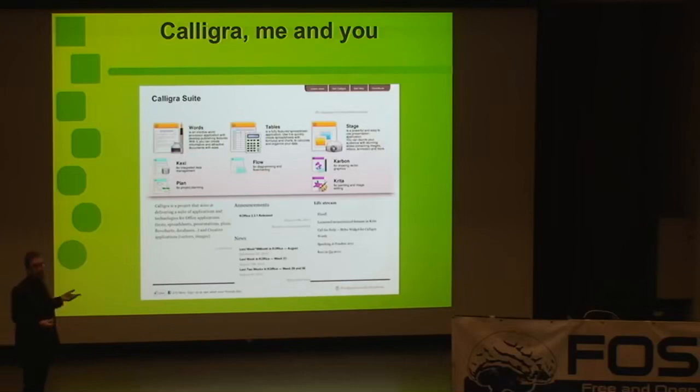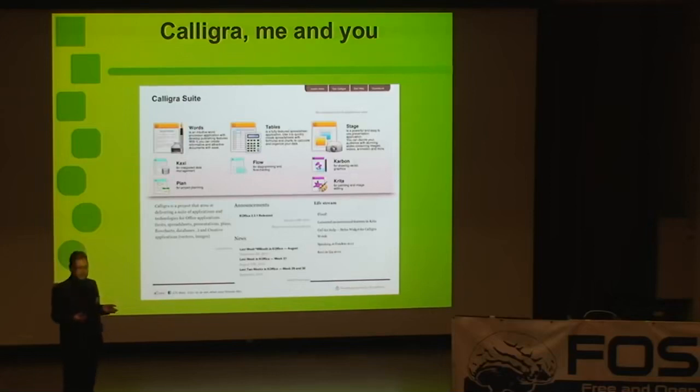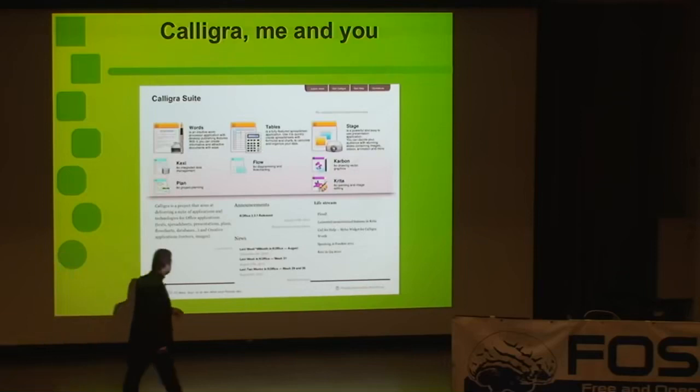And that's what I'm going to show in this presentation. First, I will give you a short overview of the architecture of Calligra, and then we will look at the different ways to embed a Calligra component in your application.